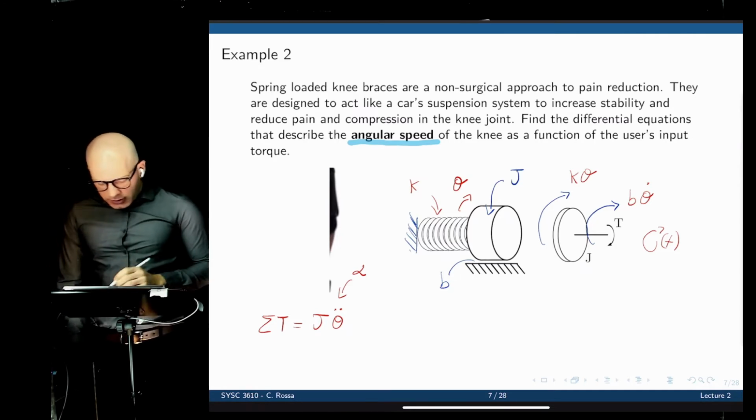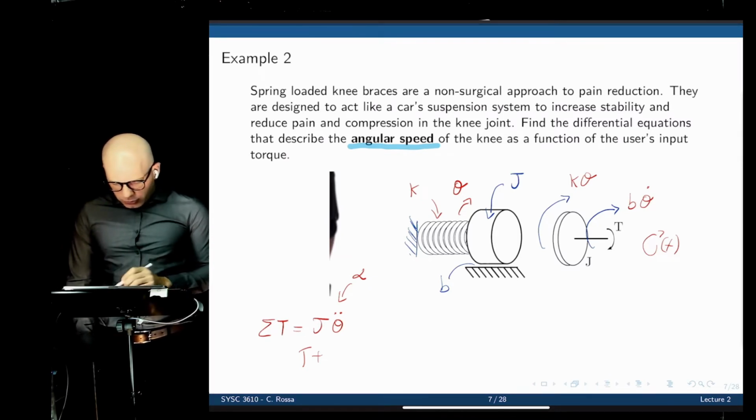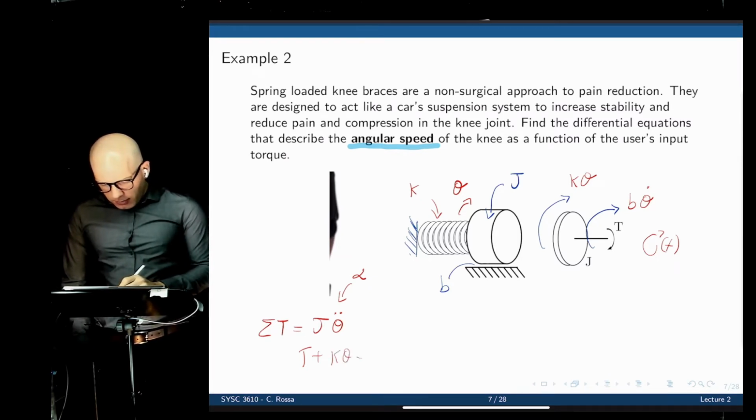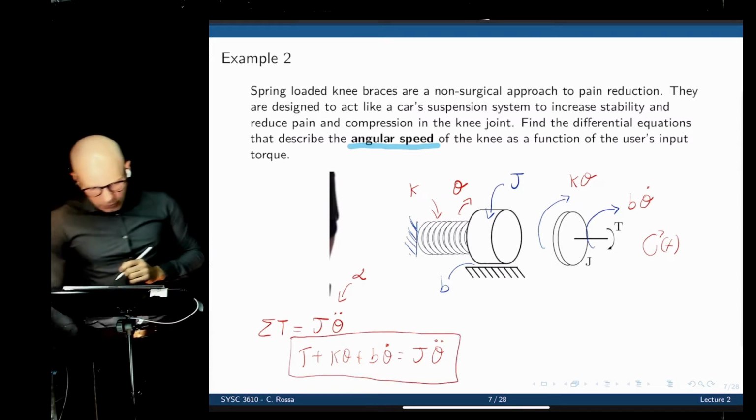So the sum of all torques is the input torque T. We define everything as given in the same direction as the input torque. So T plus K theta plus B theta dot equals J theta double dot. This is the equation of motion for the brace.